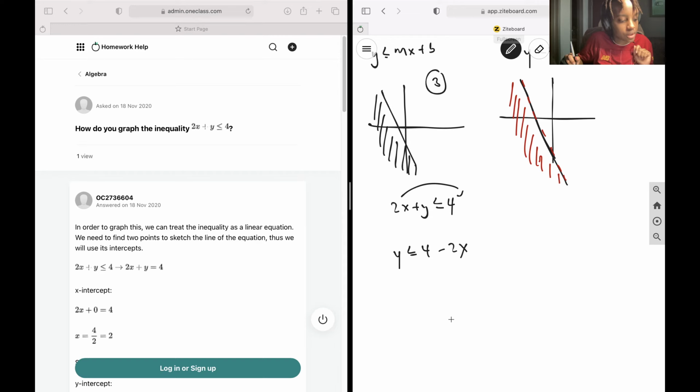And when you plug in x is equal to 0, you get y is equal to 4. And when y is equal to 0, x is equal to 2. So let's just plot that.